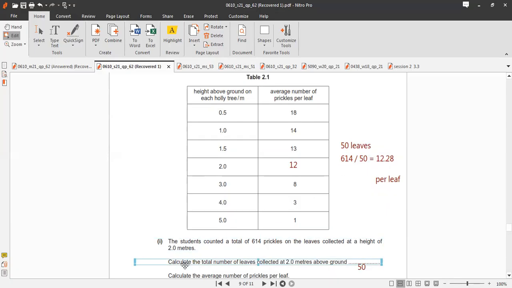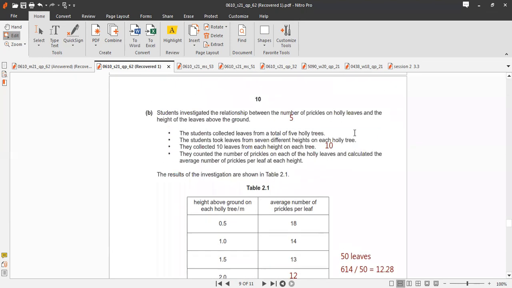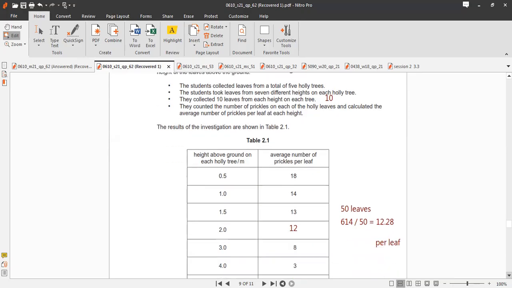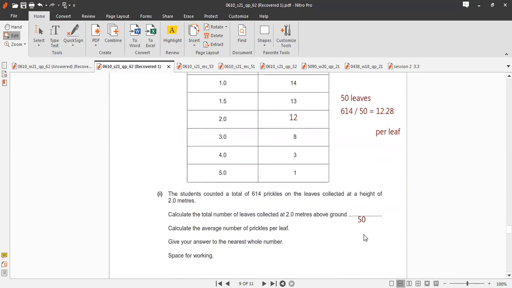Calculate the total number of leaves collected at 2 meters above ground. The total number of leaves is 50, because the students collected leaves from a total of 5 holly trees, and they collected 10 leaves from each height on each tree. So 5 multiplied by 10 equals 50 leaves.